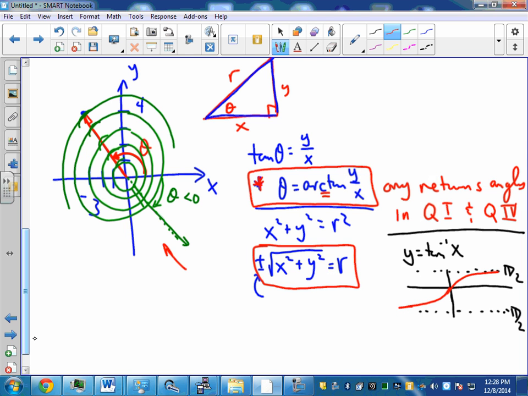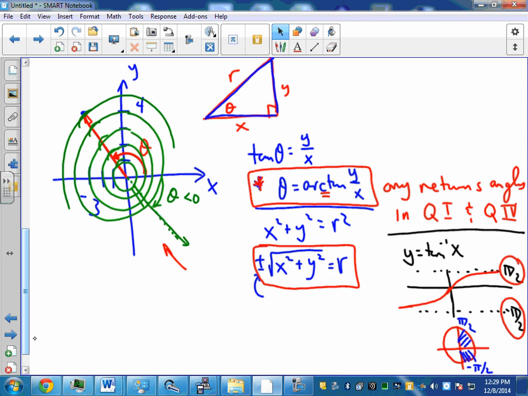So yeah, the angle is always going to be between pi over 2 and -pi over 2, which on the unit circle would correspond to quadrant 1 and quadrant 4 down here. So pi over 2 up at the top and -pi over 2 at the bottom. So yeah, going back to our problem here, this theta that we've got way over here, back on my polar grid, this theta is not going to work because the arctangent will not give us that. We're going to need, in fact, the theta down here in quadrant 4.